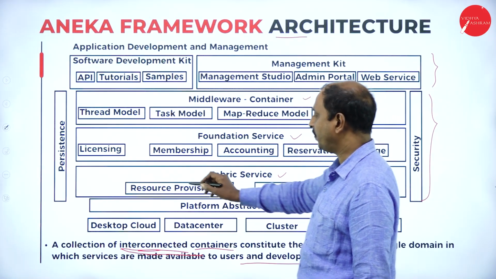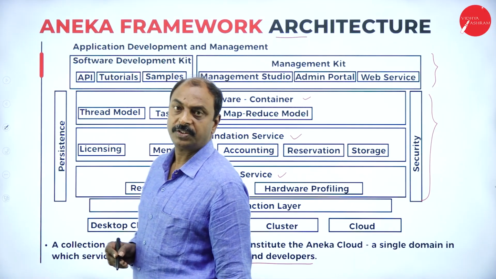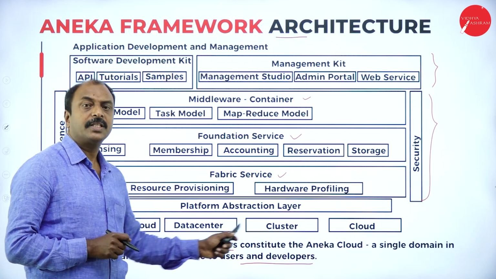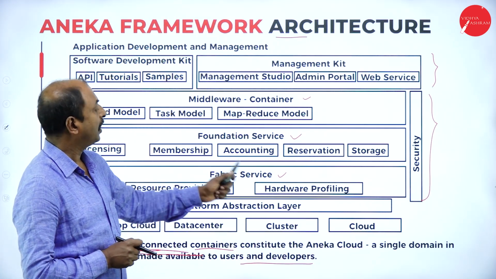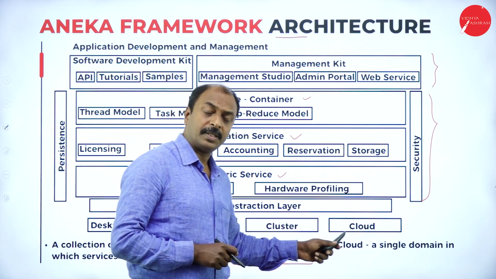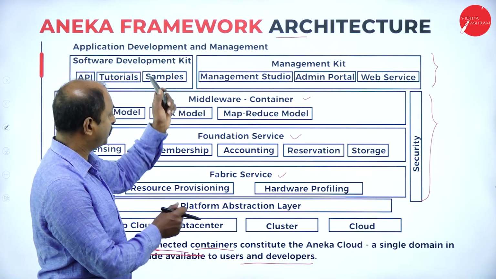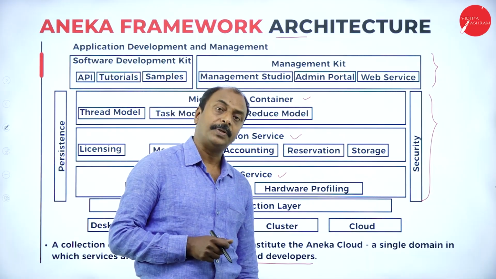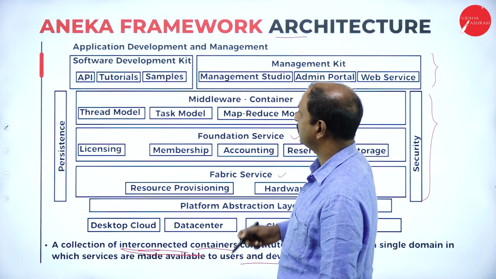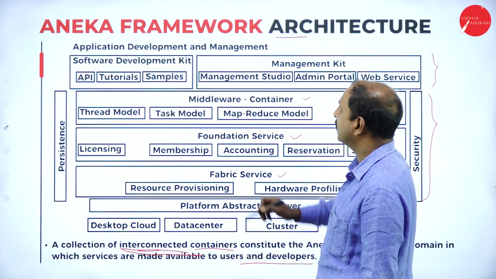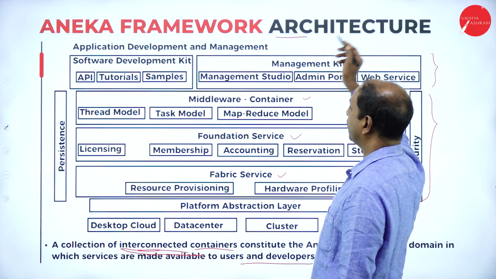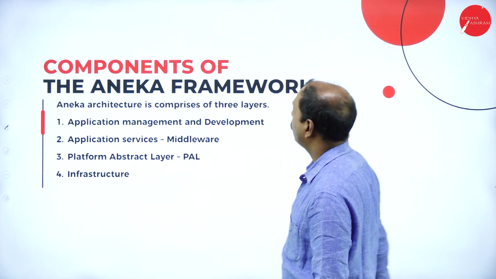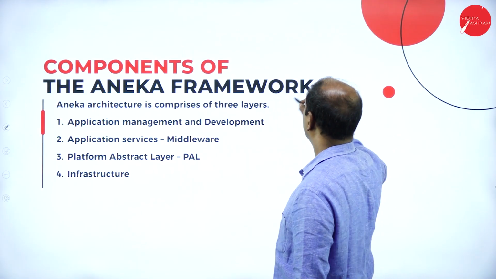It is an interface, so all the services or resources of this infrastructure, the hardware, are accessible to the user through this platform abstraction layer, or we call it PAL. This schematic diagram shows the Aneka framework as well as the Aneka architecture. In the next slide, we will see the different components of the Aneka framework.